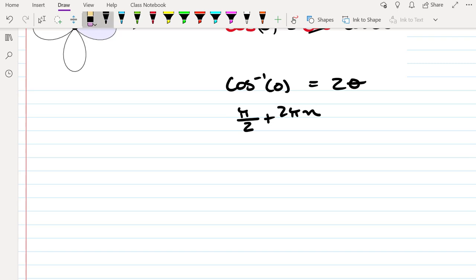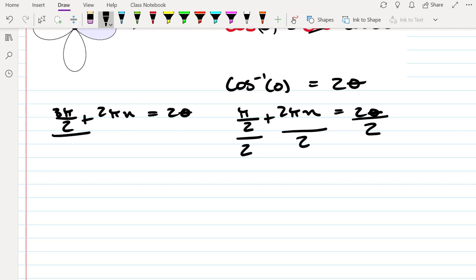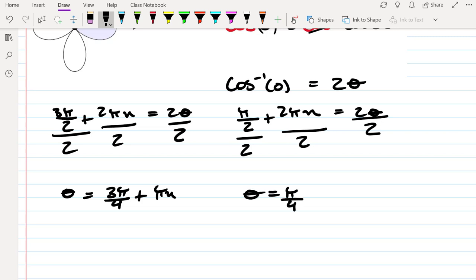for our period, equal to 2 theta. But the cosine of this function is also equal to 0 at 3 pi over 2 plus 2 pi n, equal to 2 theta. So then, solving each of these equations for theta by dividing everything by 2, we end up with theta is equal to 3 pi over 4 plus pi n, and theta is equal to pi over 4 plus pi n.